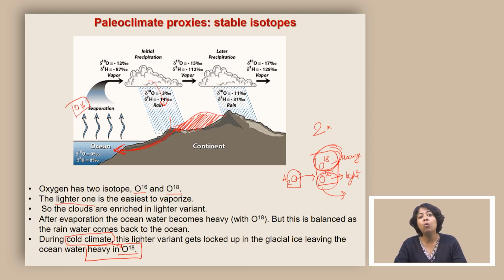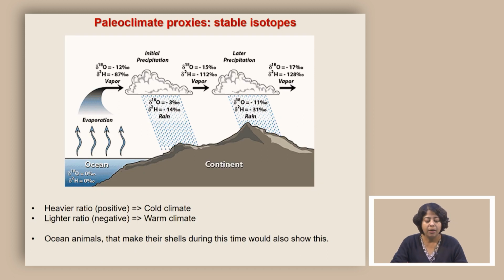So, how do we then know which water to look at? And we are going to look at some of these signatures. So, again, if we are finding a heavier ratio, that indicates a colder climate, and if we are looking at a lighter ratio, that indicates a warmer climate.